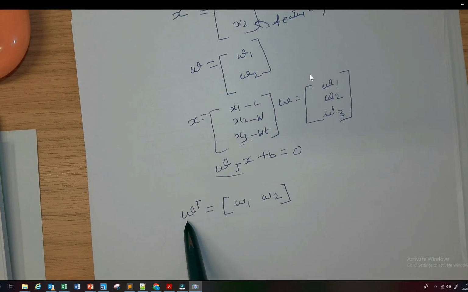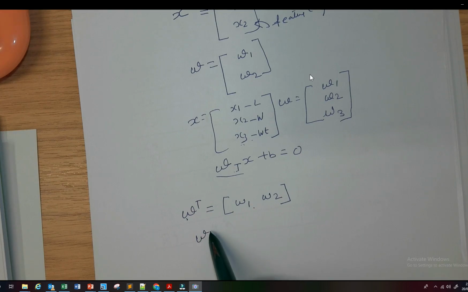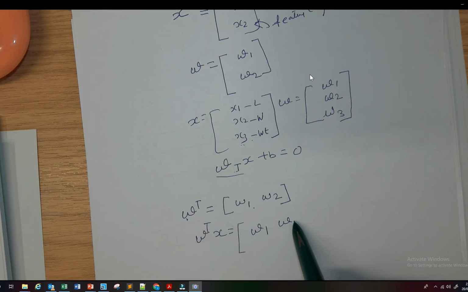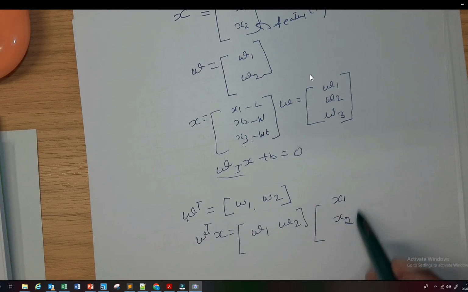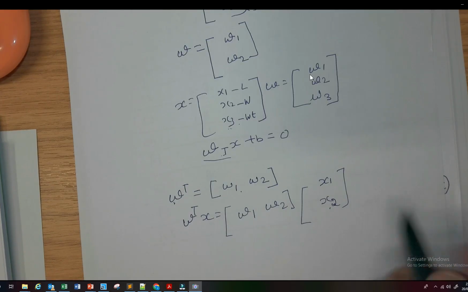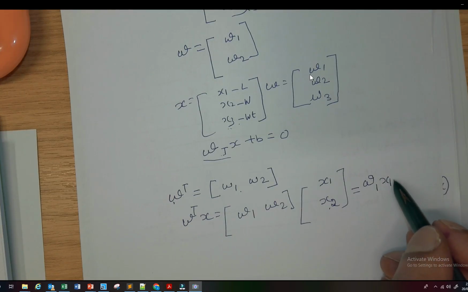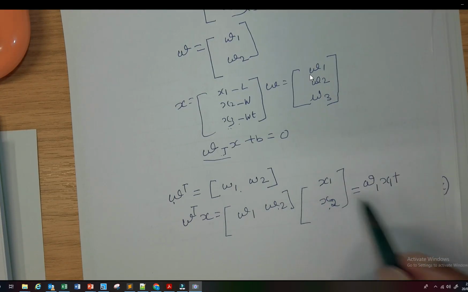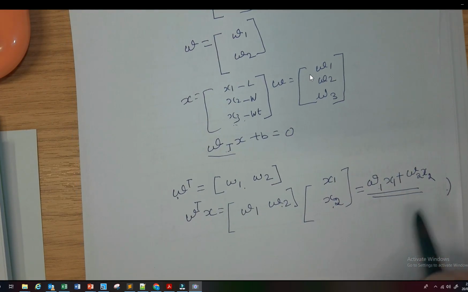If we take a transpose of w, that will be w1 and w2, and then w^T x will be w1 and w2 multiplied by x1 and x2, which is the length and the width of each sample. This is the dot product of these two vectors: w1 x1 plus w2 x2.